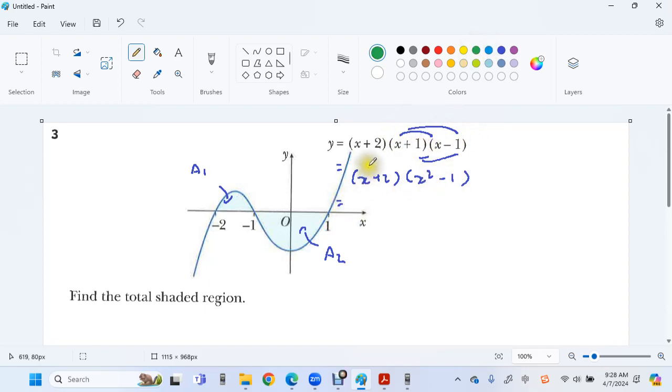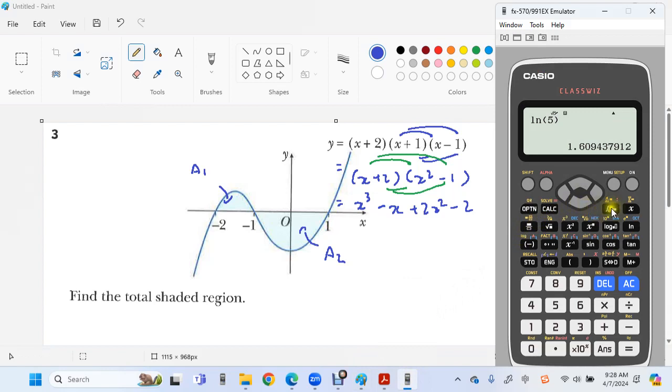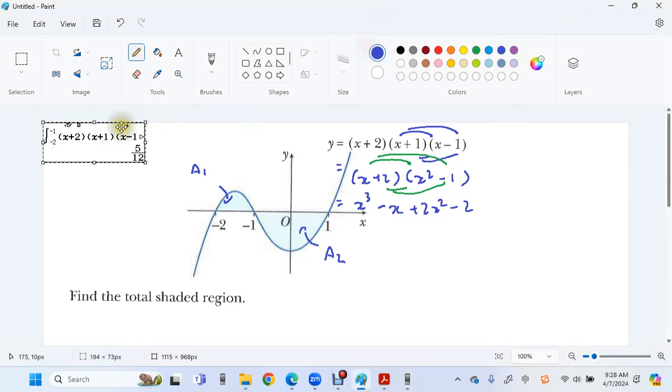Then we expand again, and it will become x cubed minus x plus 2x squared minus 2. So for this one, we want to integrate x plus 2 multiply with x plus 1 and multiply with x minus 1, from -2 until -1. I get 5 over 12.